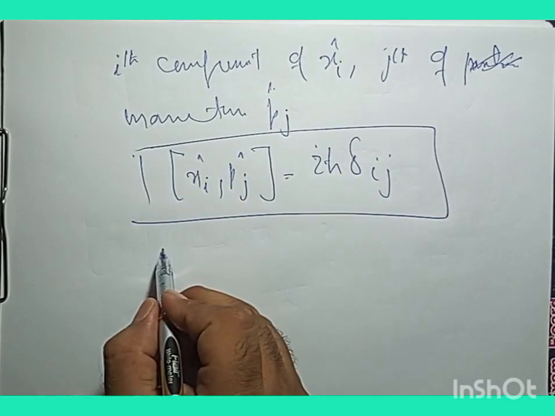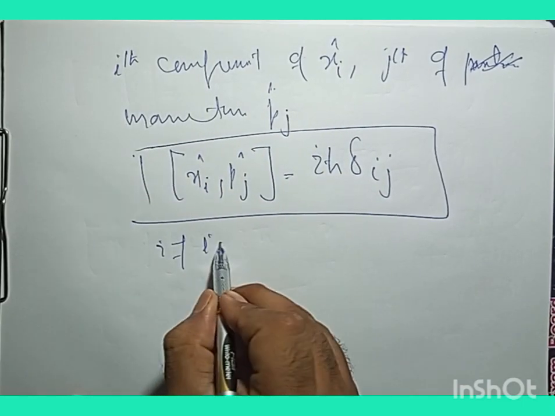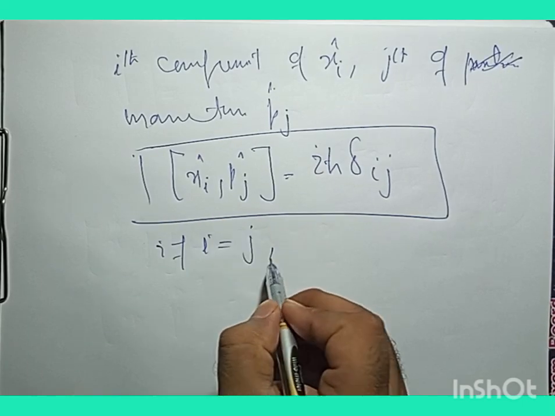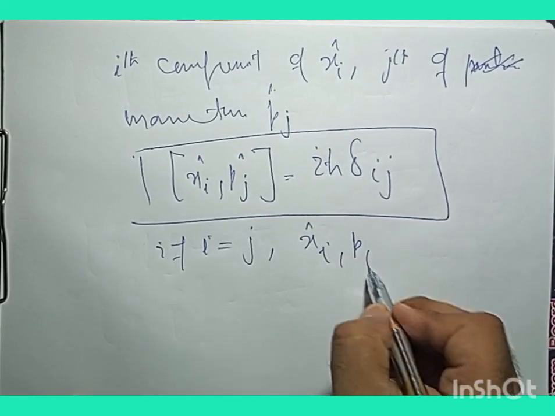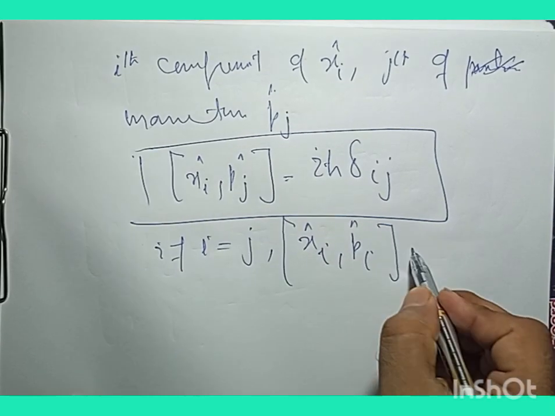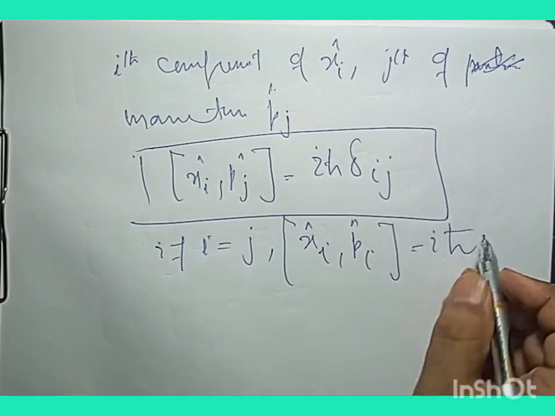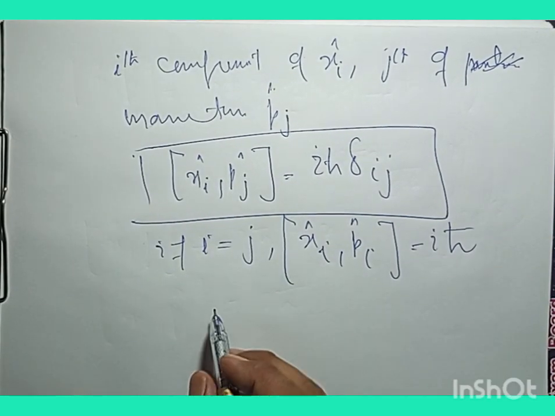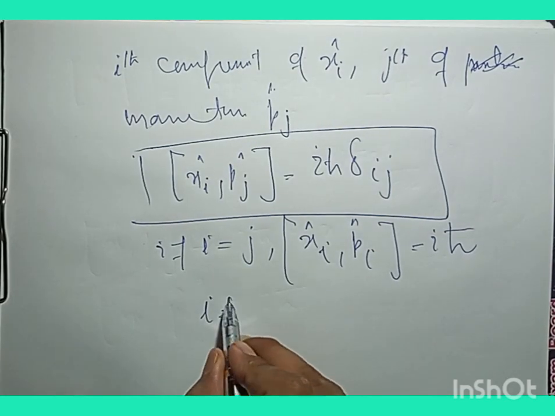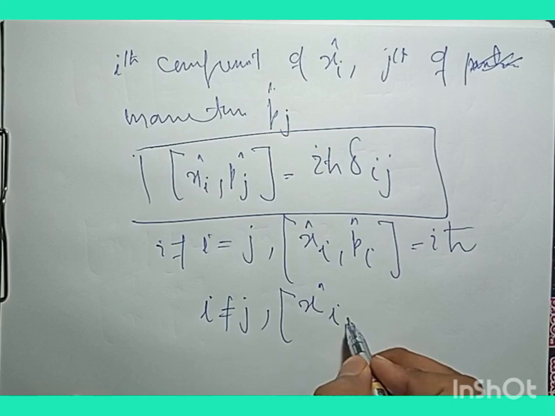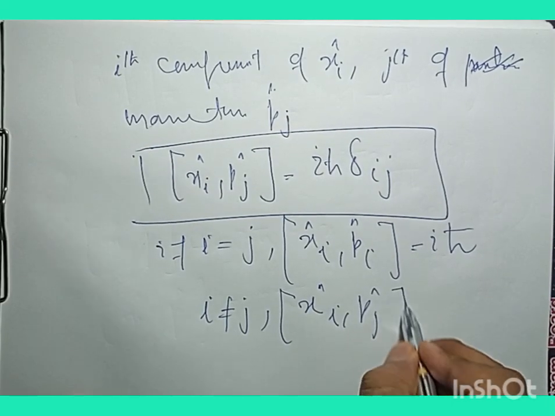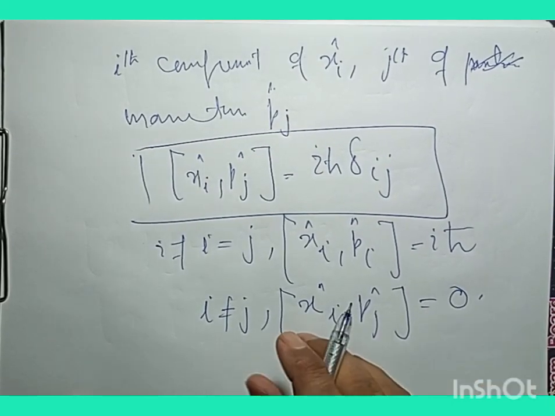This means if i is equal to j, then the commutation of xi cap and pi cap is going to give us iħ, so they don't commute. And if i is not equal to j, that means xi cap and pj cap, this is going to give us 0.